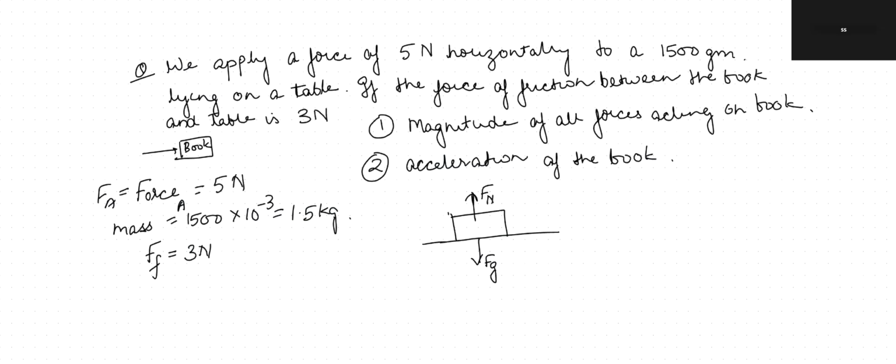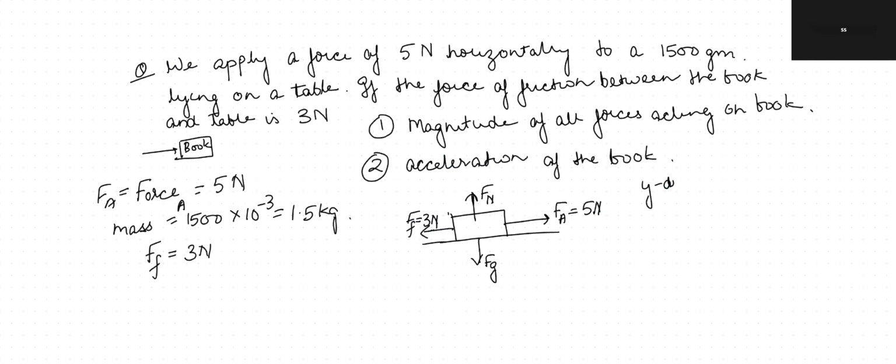Okay, then there is force applied, which is 5 newtons, and the force of friction which always opposes the motion, so it's in the opposite direction, and it is less than force applied, so a smaller arrow, and this is force of friction, 3 newtons.